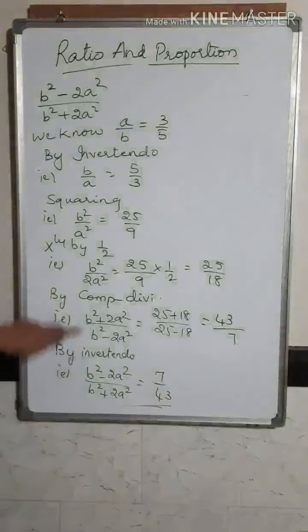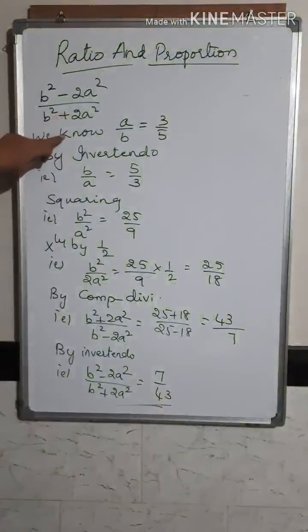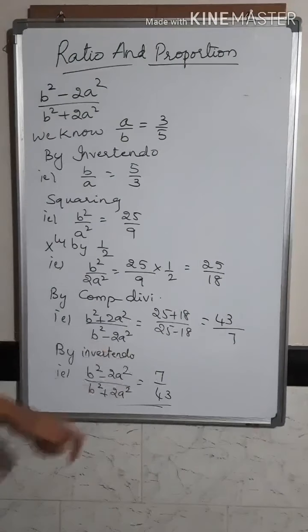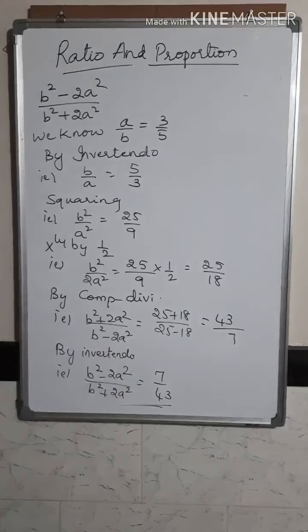So you have got the value of (b square minus 2a square) upon (b square plus 2a square) as 7 upon 43. This is how you have to use the properties step by step in getting what is asked in the problem. The remaining two problems are there that you will try on your own.